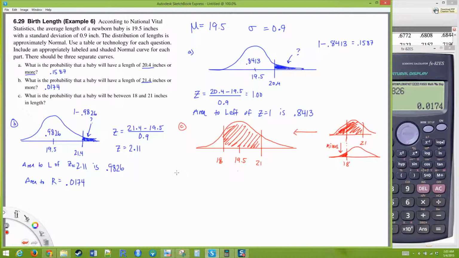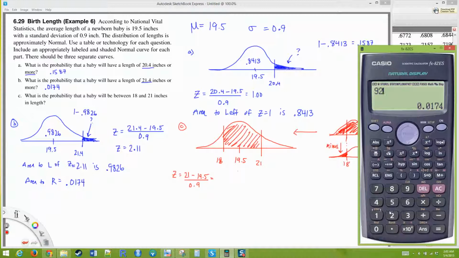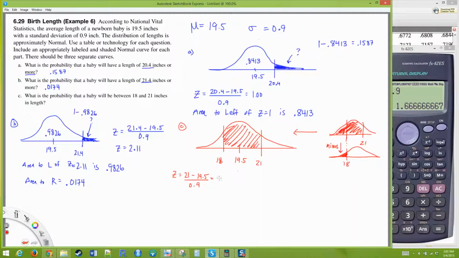So let's find the z-score for 21. So 21 minus 19.5 divided by 0.9 is 1.67. I get a z-score of 1.67.